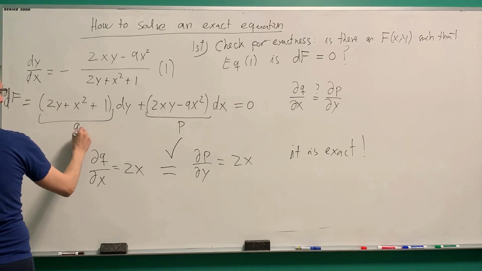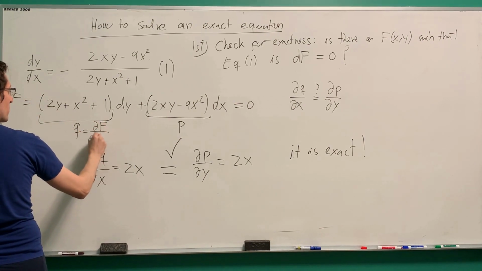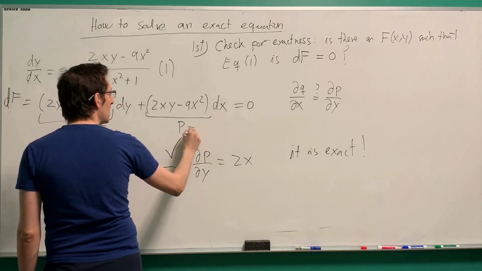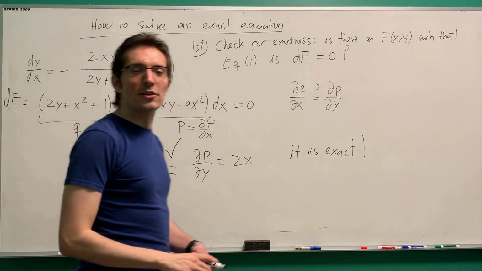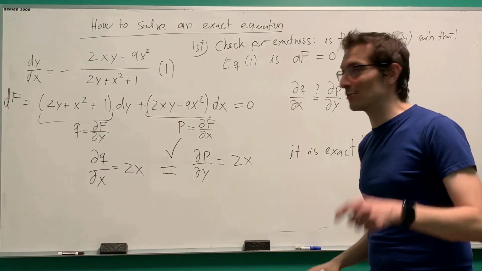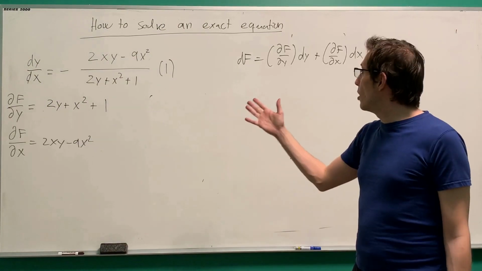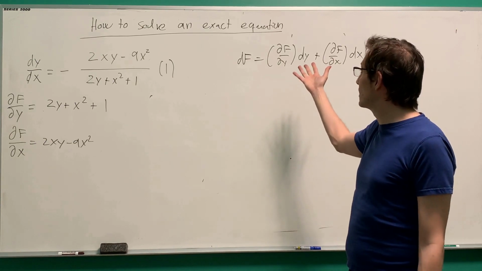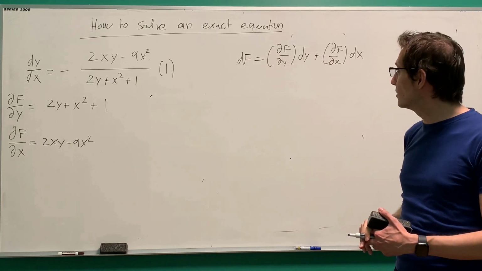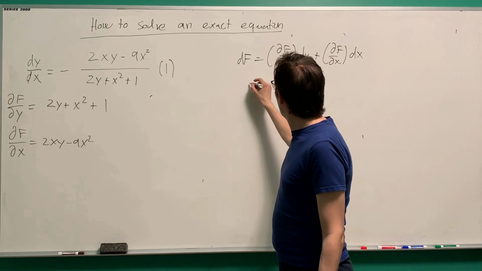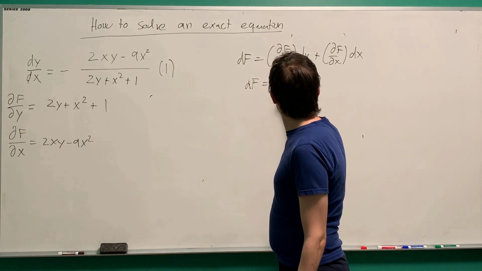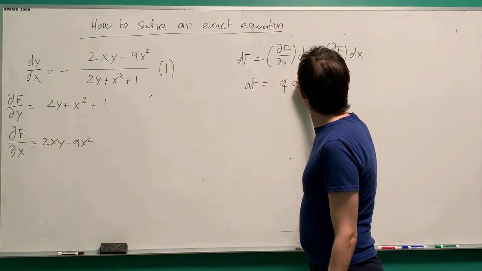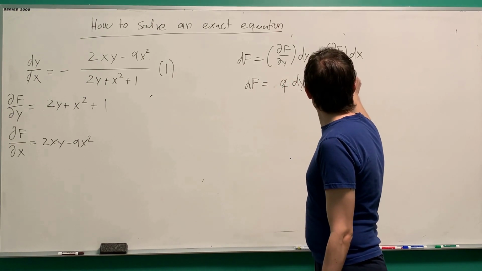So we know that q is the partial derivative of f with respect to y, and p is the partial derivative of f with respect to x. All right, so now that we checked exactness, let's move to the second step. Now that we've shown that this equation is exact, it's of the form df equals q dy plus p dx.